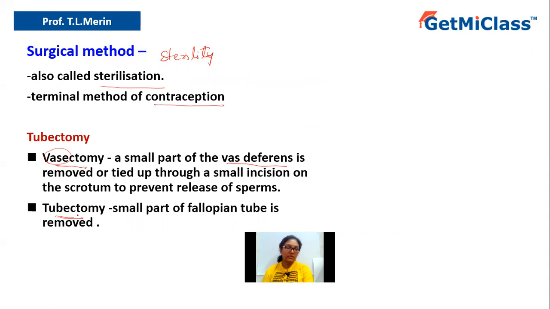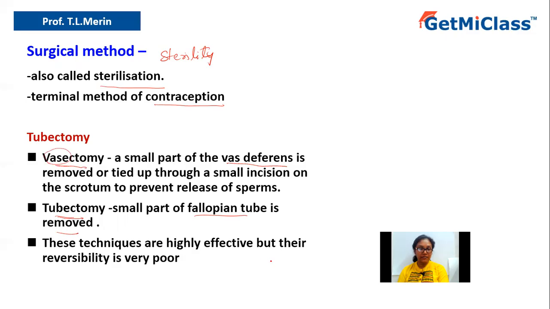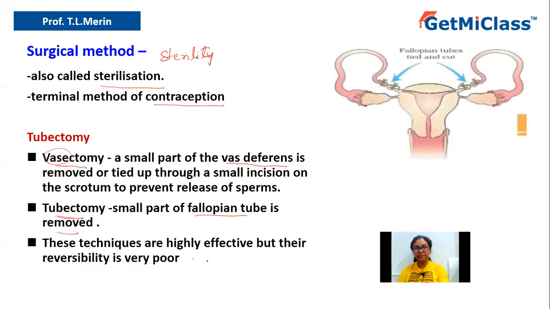In the case of females, in tubectomy, part of the fallopian tube is removed so that the ovum is not released. These techniques are highly effective, but their reversibility is very poor. It is very difficult to open those tied tubes and connect them back, allowing the sperm to come out, or allowing the release of the egg.